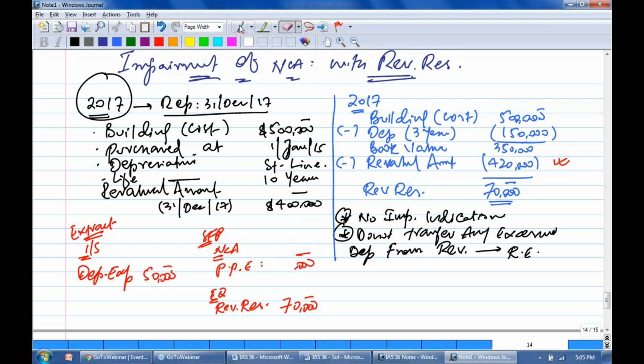For the simplicity of maths only, I've changed these values. 420,000, depreciation expense 50,000. Okay, that's what we have done.